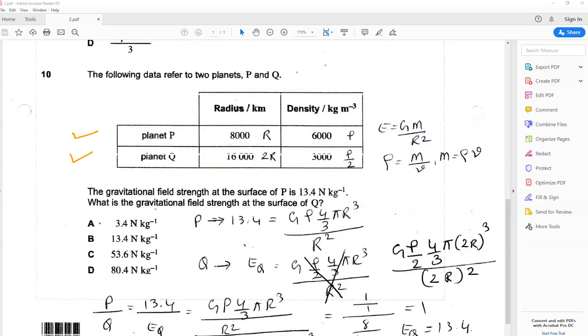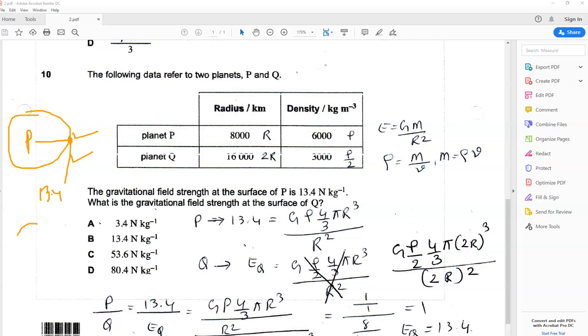Most often, if you come across two planets or two masses like this, the solution will be to find the ratios of the two using information from the two planets. You have the information about planet P: the radius, the density, and the gravitational field at the surface, which is 13.4.